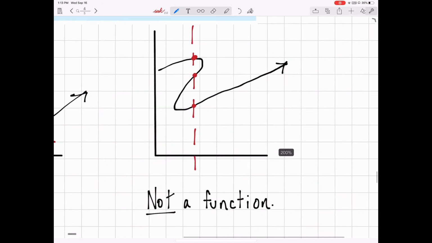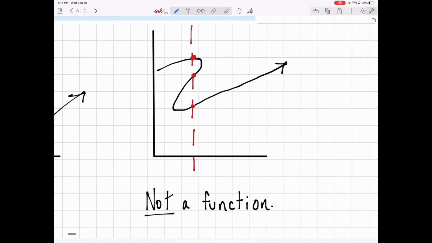If we look at this one, this is not a function for the same reason. Now it fails more than just in that spot here. But here's a value, and here's a value. So if I were to plug in whatever number this is at, that would give me 3 values out. Similarly, if I chose here, it's going to give me 3 values out.